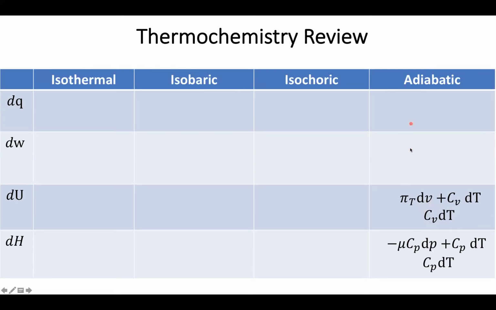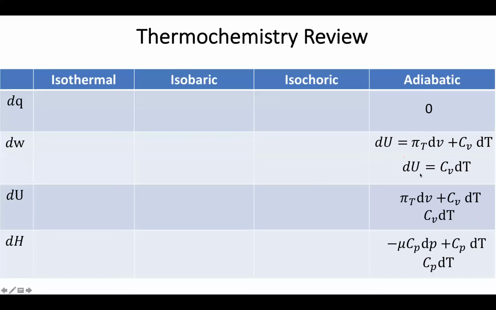However, when we're looking at heat and work, we get a little bit luckier because by definition, the heat of an adiabatic system is zero. And because that's zero, it gives us an extra simple equation to work with for our work, because our internal energy has to be equal to our work plus heat, which means that our work is equal to our internal energy.